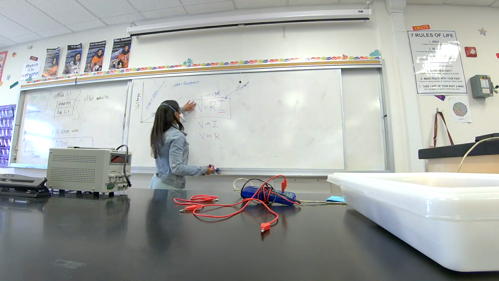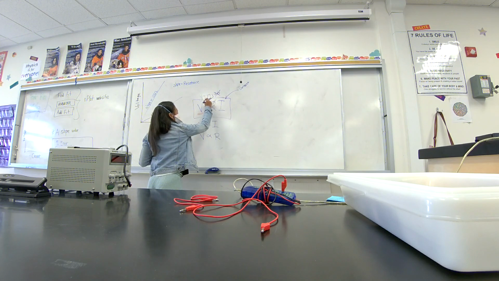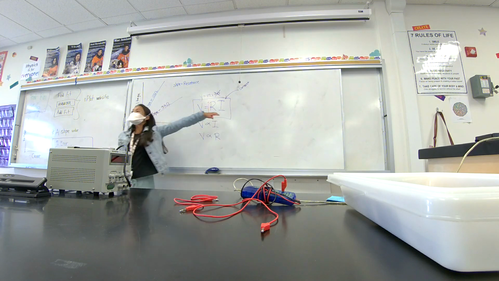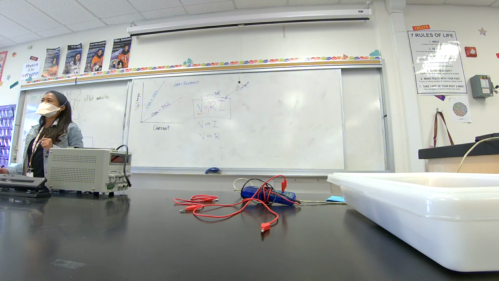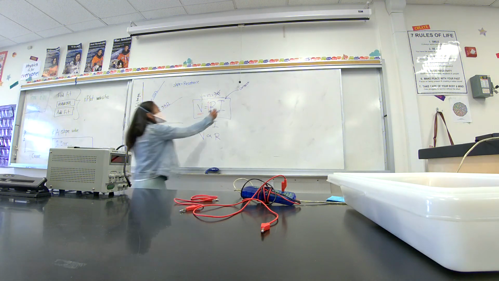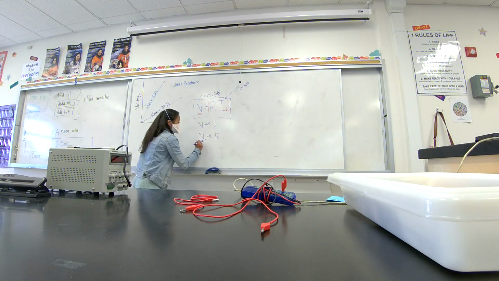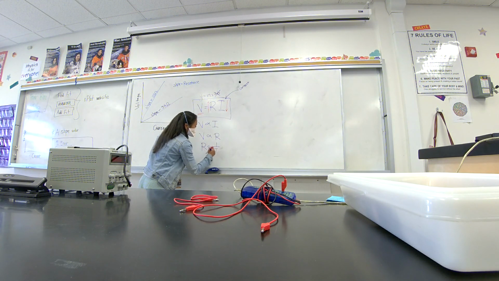Okay, let's do this. If I kept voltage the same and I increased resistance, what would the current have to do to make sure the voltage doesn't change? If I increase resistance, what would the current have to do? Decrease. So this is the only inverse proportion. The resistance is inversely proportional to current.